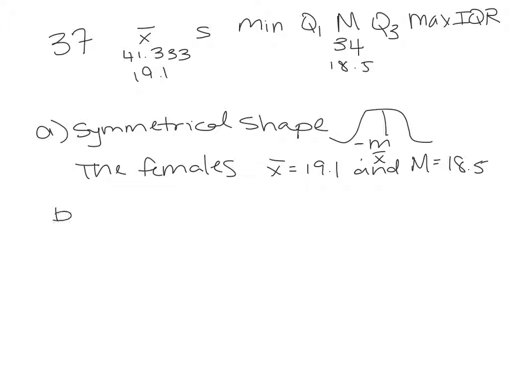Part B is explain how the IQRs of these distributions can be so similar even though the standard deviations are quite different. So if we look at the IQRs, in the top one it's 23 and 19, and then the standard deviations are 20.6 and 10.1.